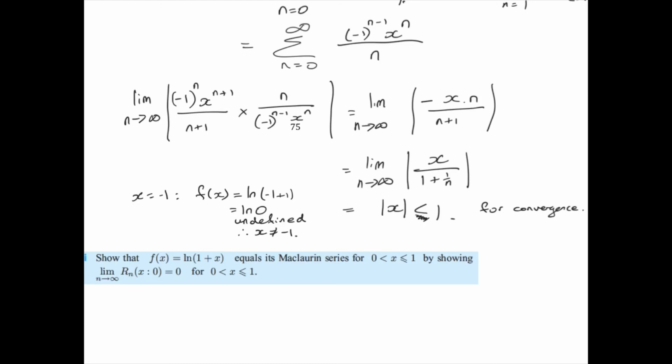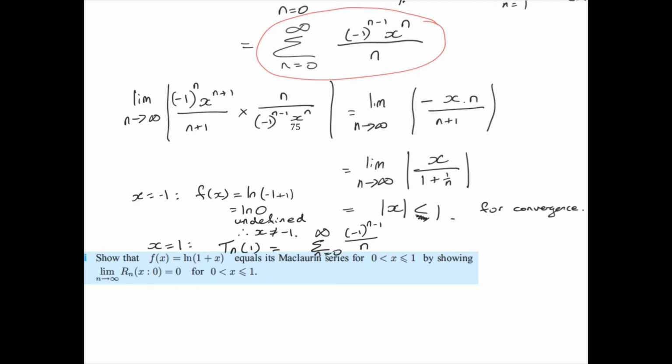So, what about when x is 1? When x is 1, f(x) is fine, so that doesn't help me. But the actual series that we found when x is 1 becomes T_n of 1, which becomes the sum n equals 0 to infinity of negative 1 to the n minus 1 over n, because x is 1.